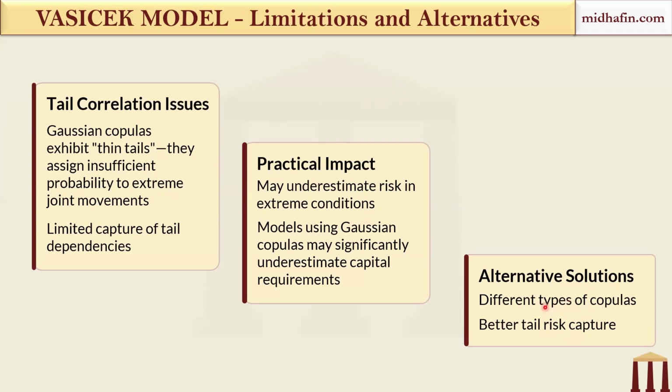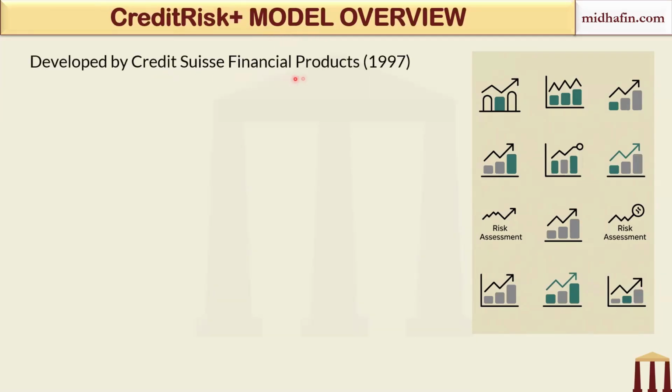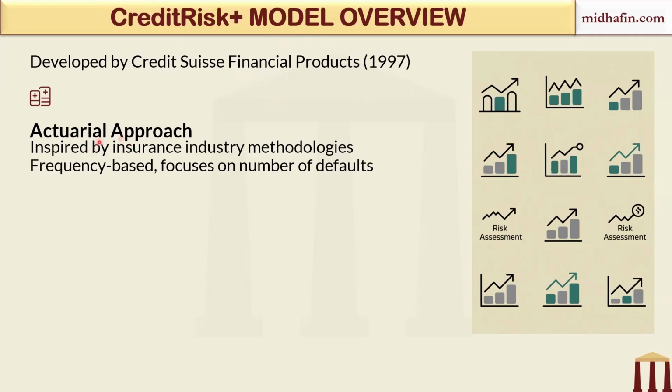Now let us look at the CreditRisk+ model, which was developed by Credit Suisse Financial Products in 1997. Unlike correlation-based frameworks, one of them being the Vasicek model, CreditRisk+ actually takes the actuarial approach. It borrows ideas straight from the insurance industry.